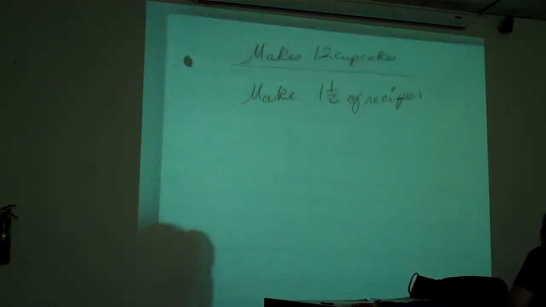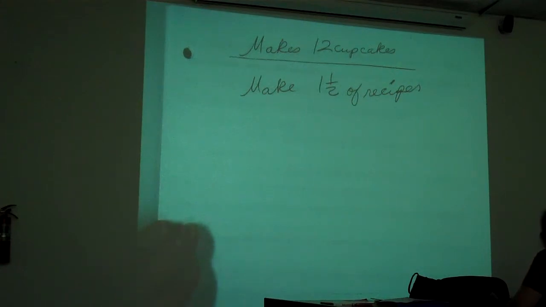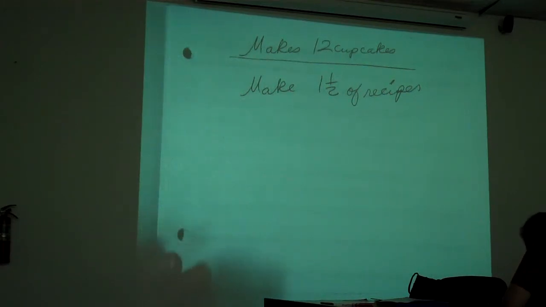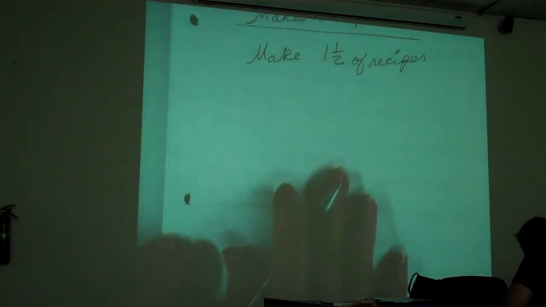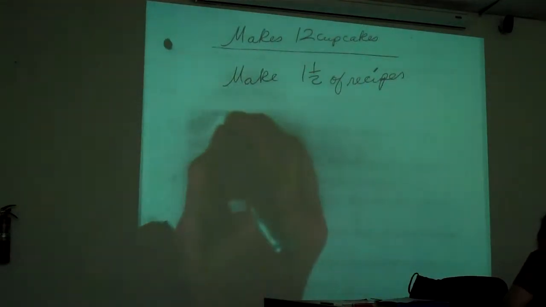I told you I did the even one. Okay, 18 cupcakes are being made, you're using 1.5 of the recipe. So, find the amount for each ingredient. For flour, applesauce, and vegetable oil are the only ones it's asking you. You don't have to do every single ingredient, just the ones it asked you.